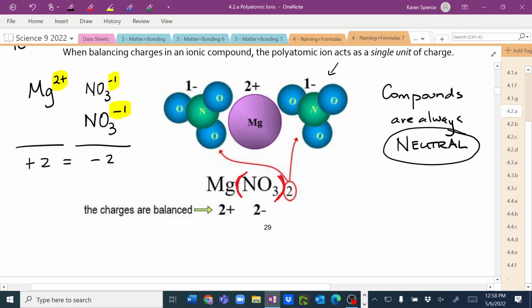It is very much like in math class. Let's say you had x plus y, and you wanted to multiply that entire thing by 2. You would put brackets and multiply it by 2, yes? So if you have a polyatomic ion and you want to have 2 of them, you have to put brackets around it and then a 2 on the outside, okay?